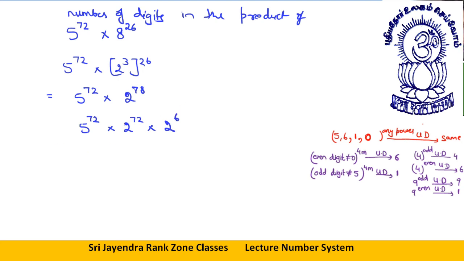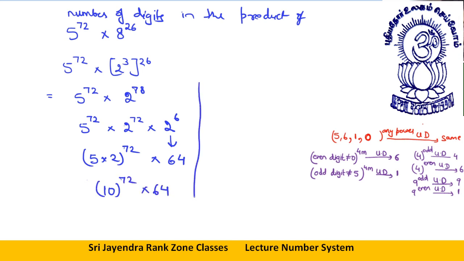I can say 5 into 2, that is 10 raised to power 72 into 2 raised to power 6. 2 raised to power 6 is 64. Okay, this becomes 10 raised to power 72 into 64.